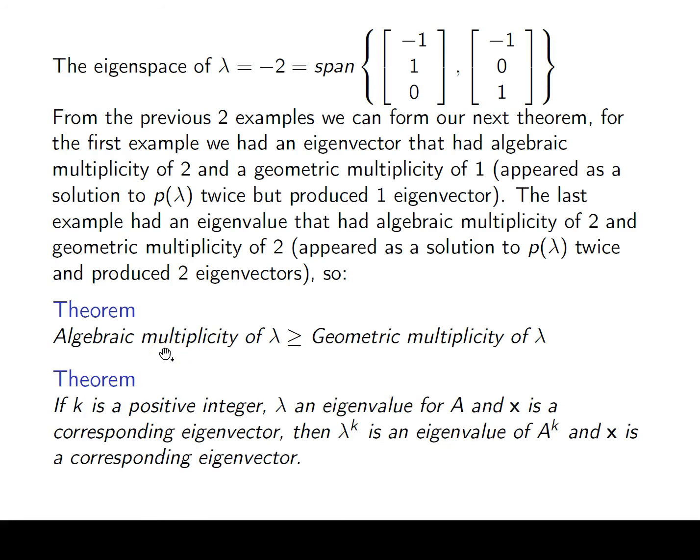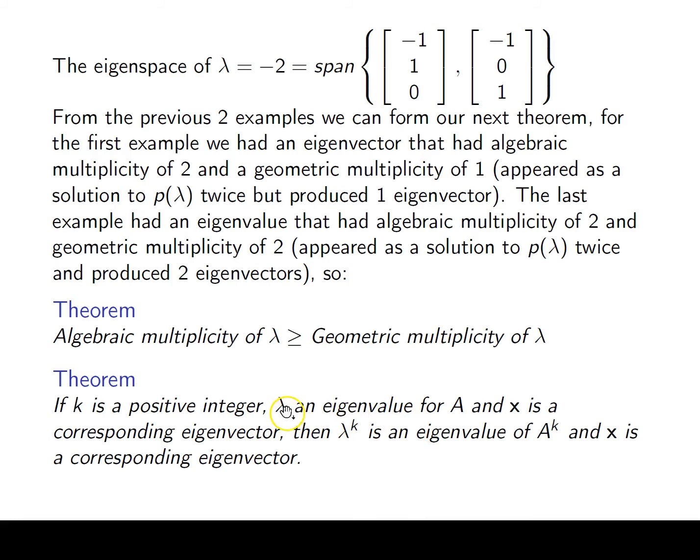So moving on, let's talk about one last theorem. Okay, if k is a positive integer, right? So not a real number, but a positive integer: 1, 2, 3, 4, 5, etc. And lambda is an eigenvalue for some matrix A, and x is a corresponding eigenvector.